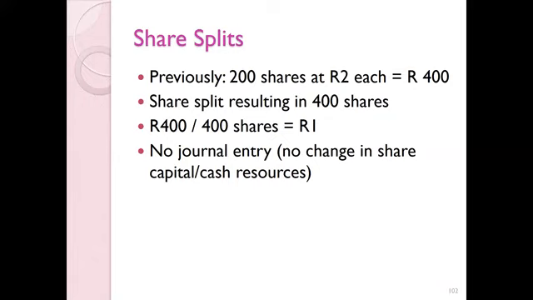Your 400 shares are still worth only the 400 Rand as per your set of financial statements. So the 400 Rand divided by now 400 shares means that they're ultimately at a price of 1 Rand per share. Ultimately, there's no journal entry for a share split. All that is taking place is a change in the number of shares in issue.